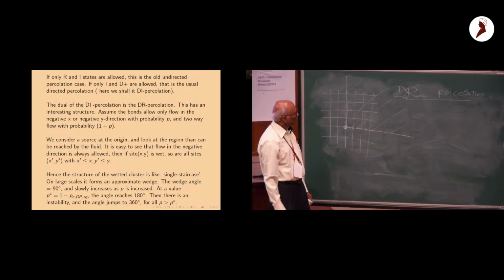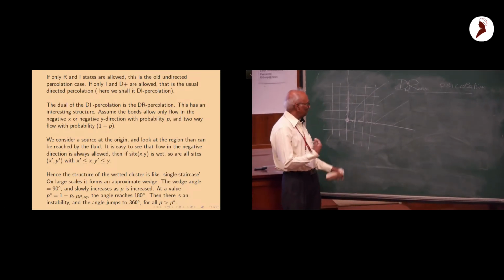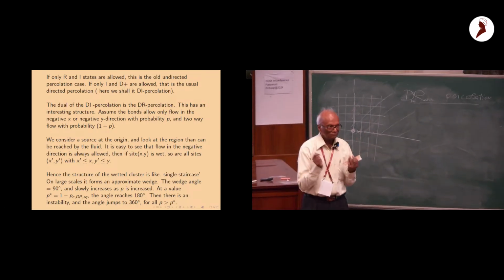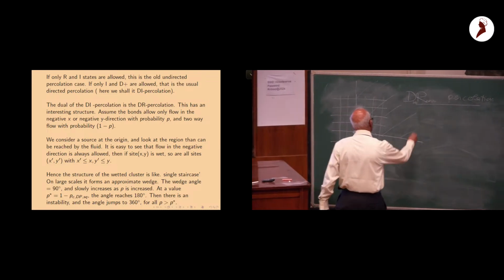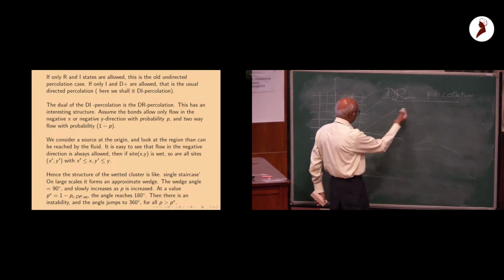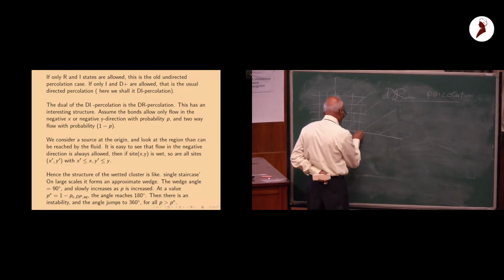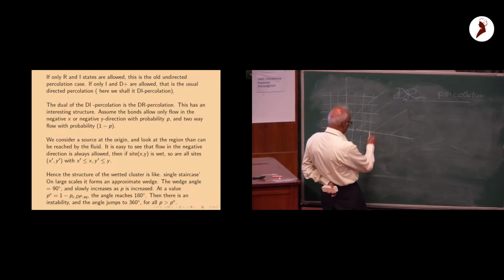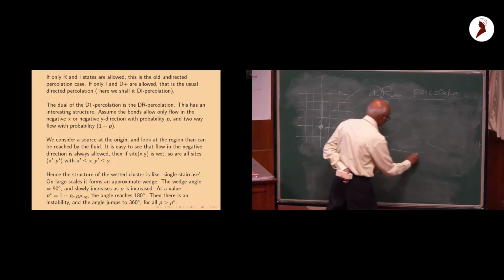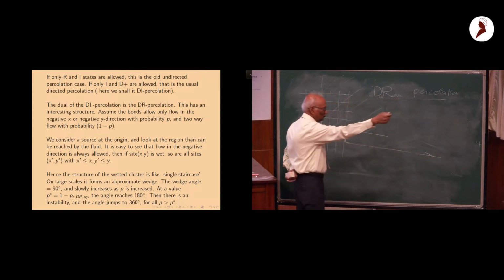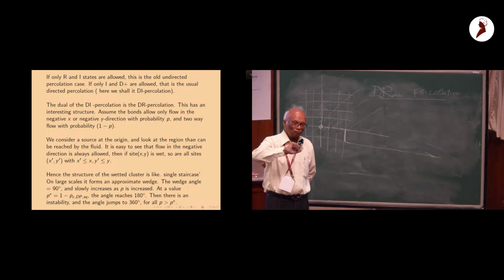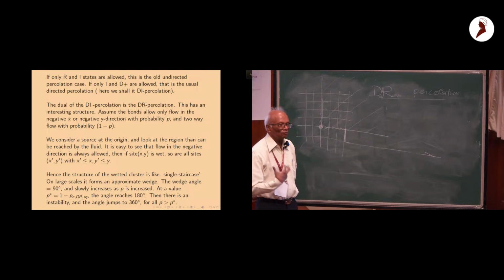Now suppose I add a few resistors in this, 1% at random. If I add the resistor here, it doesn't matter because anyway the thing was able to reach there. But suppose I add a resistor here, then this current will be able to flow down here, and then using the diodes it will flow that way.